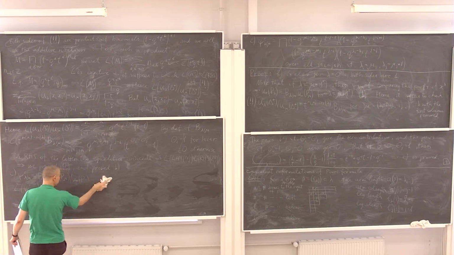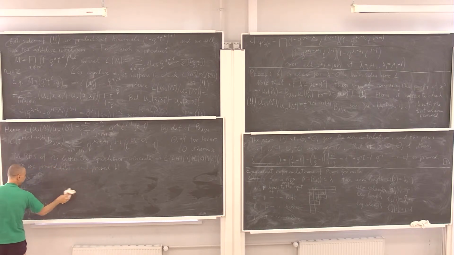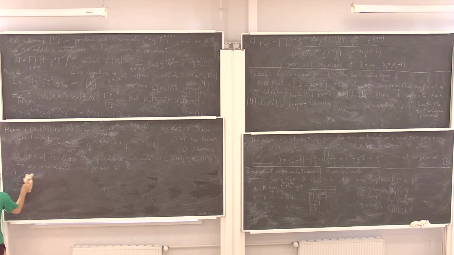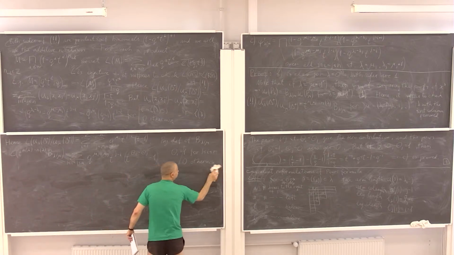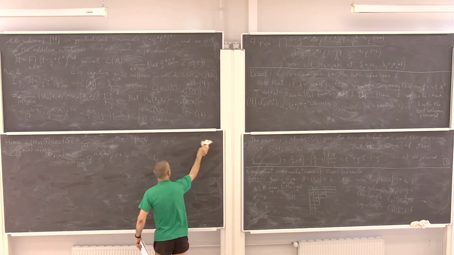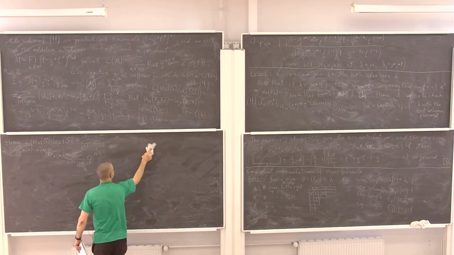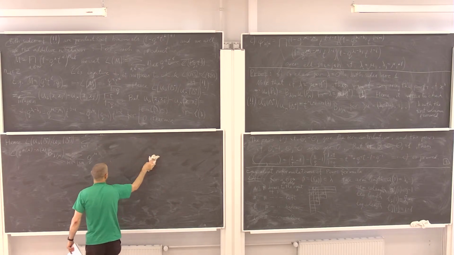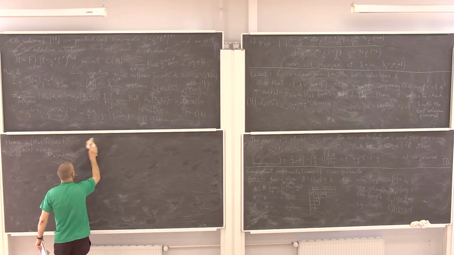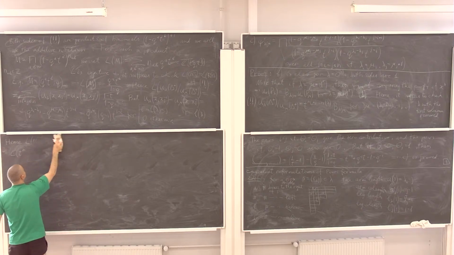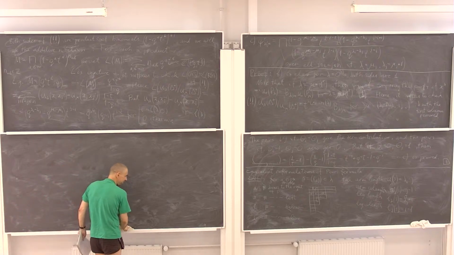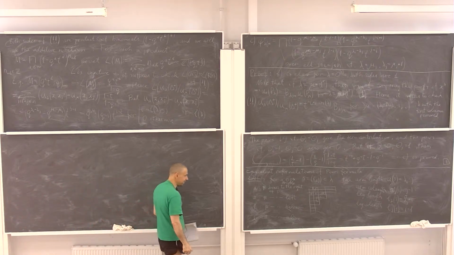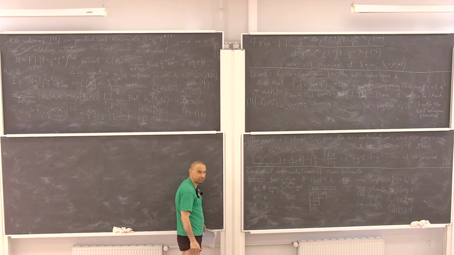So it's related, for example, to the hook length and to the content and to other statistics. For example, in scientometrics or whatever, there is a notion of Hirsch index.